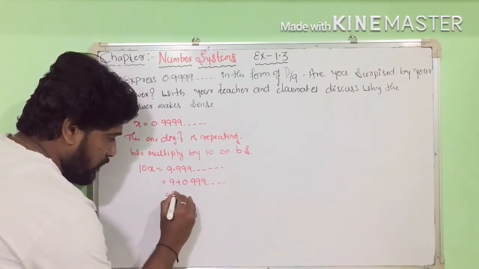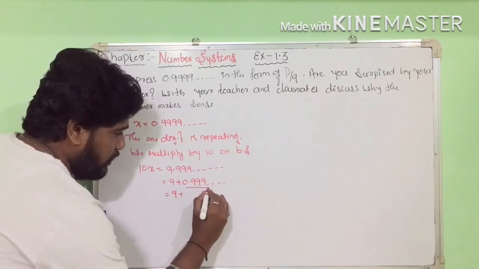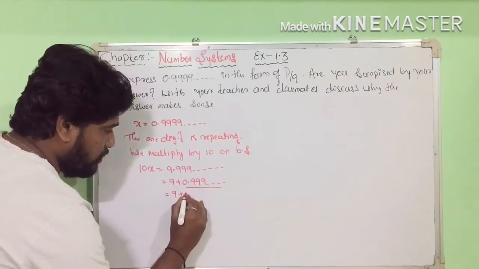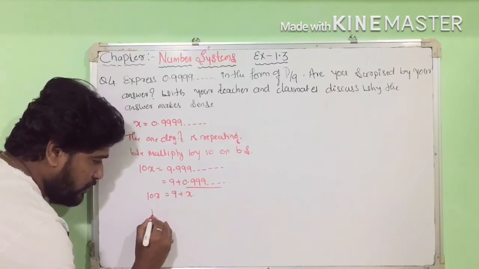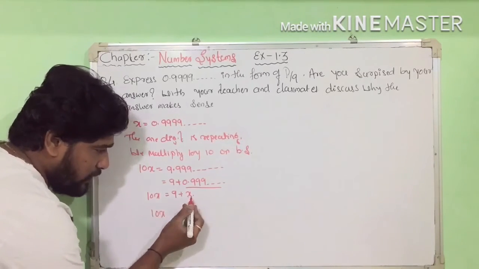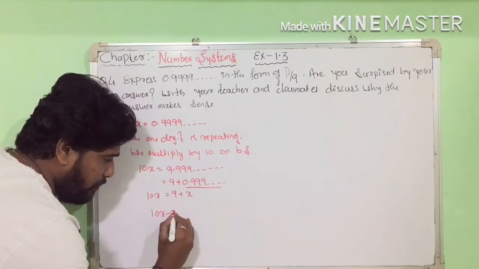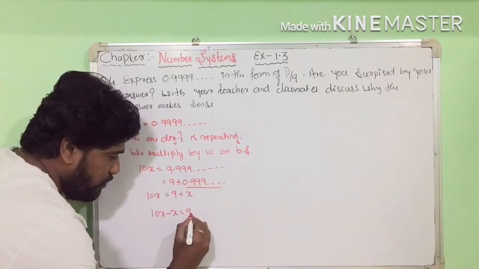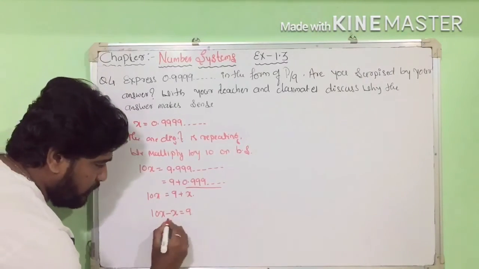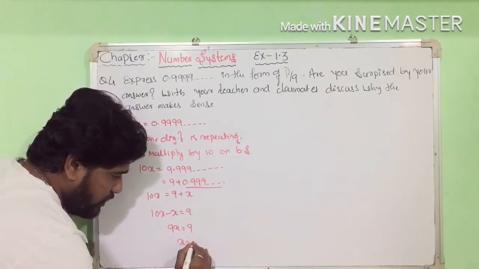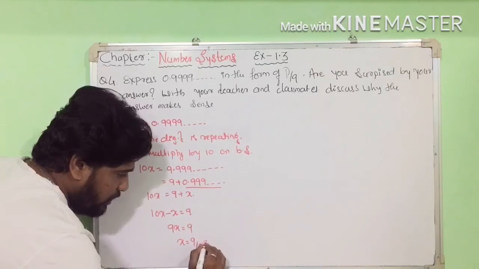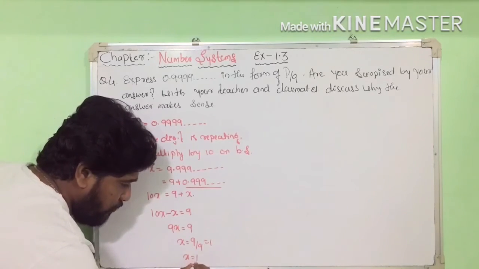So here 9 as it is plus this one we consider as x. So here 10x, this x comes this side, becomes minus x is equal to 9. Is it clear? So here we got 9x is equal to 9. Then x is equal to 9 by 9 is equal to 1. So x is equal to 1.